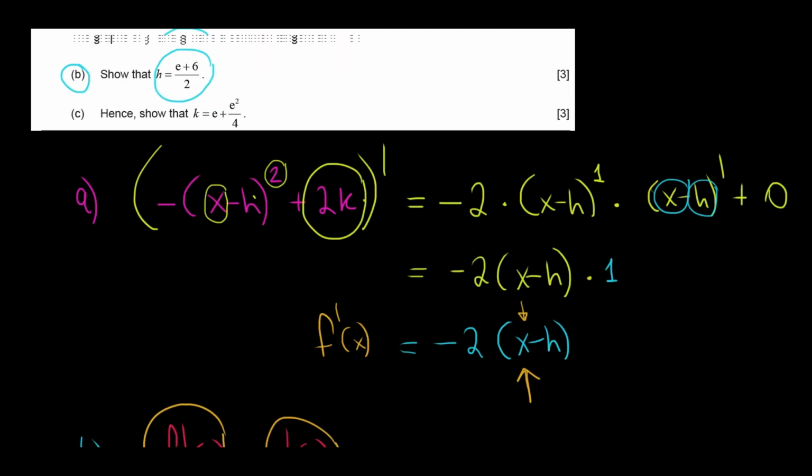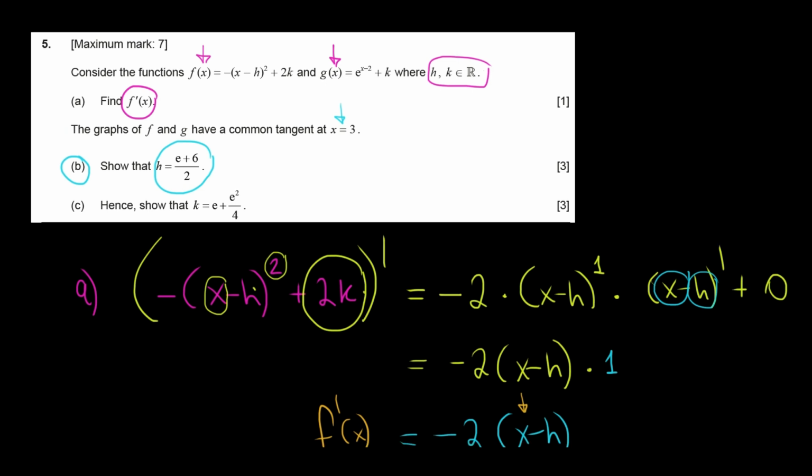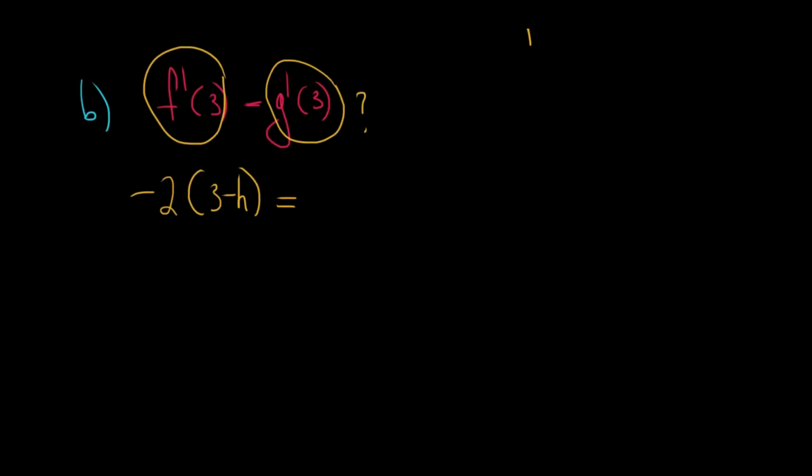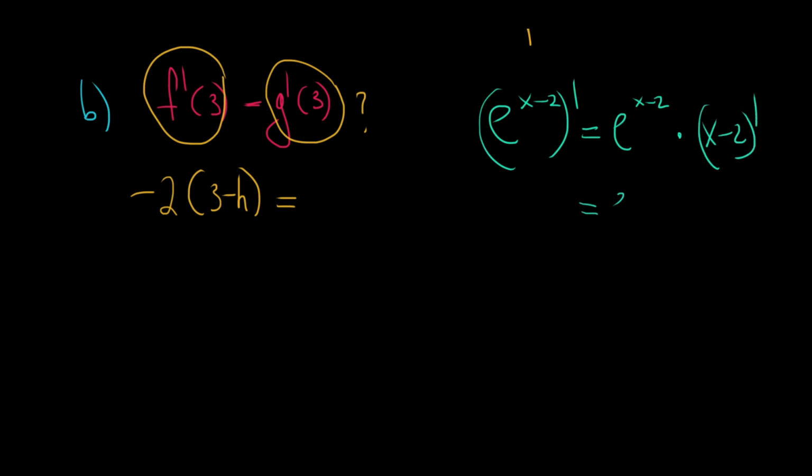We go back to the function g of x, which is e to the power x minus 2, and we work it out. e to the power x minus 2 derivative equals e to the power x minus 2, and we have the chain rule because we have x minus 2 over there, so I'm gonna do x minus 2 derivative. e to the power x minus 2 times the x derivative, which is 1, and the 2 derivative, which is 0, so we multiply just with 1, which means the answer is e to the power x minus 2.